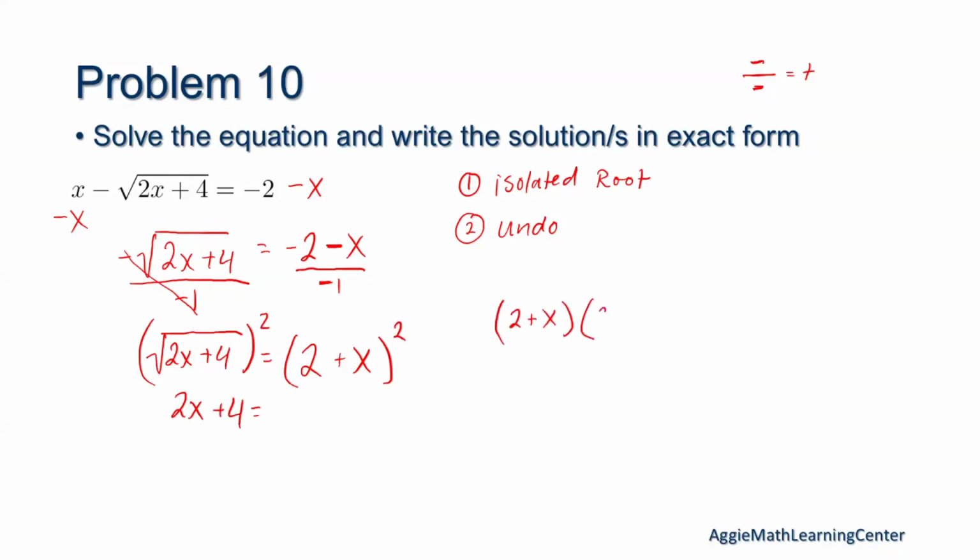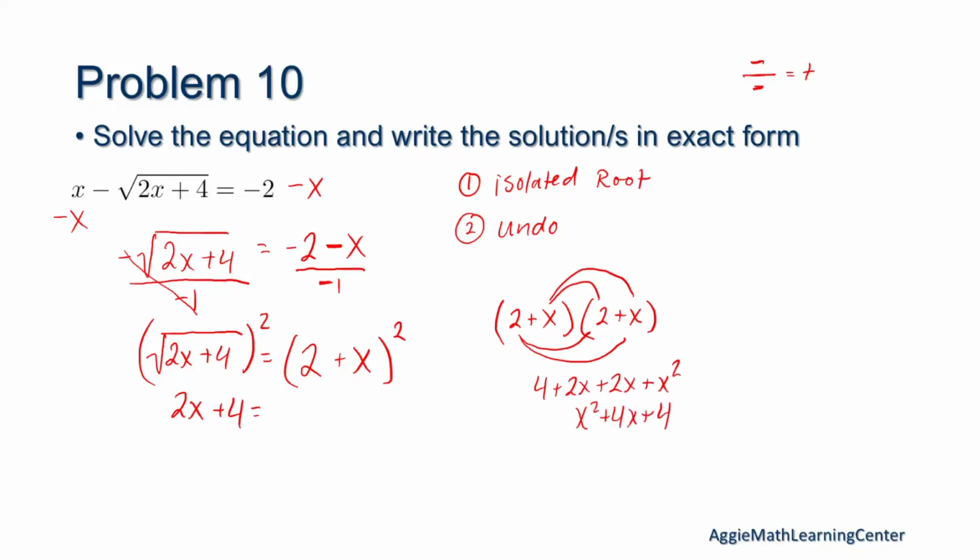I like to write it out sometimes, because you don't want to just bring that 2 in. So 2 times 2 is 4, plus 2x. Same over here, plus 2x plus x squared. So this is x squared plus 4x plus 4.